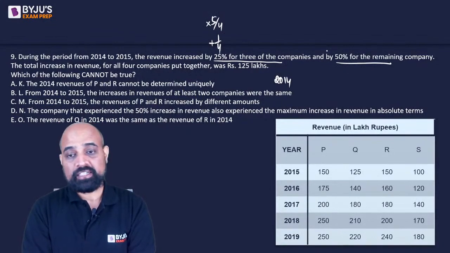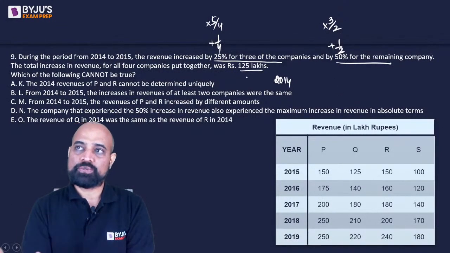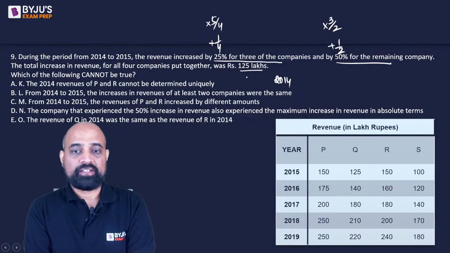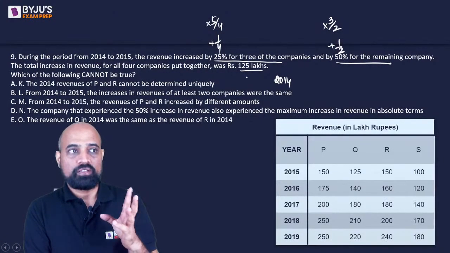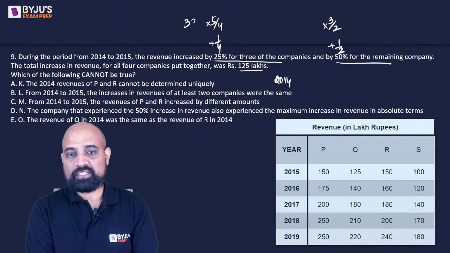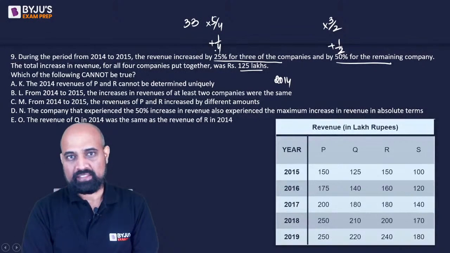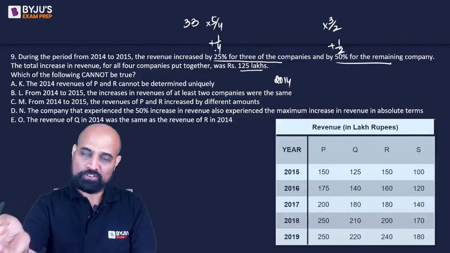And 50% increase means an increase of half, which becomes 3/2 times. Now, if you want the overall value to be 125 lakhs, right? So it's an integer. Now, if suppose I have a number, let's say 33. 33 का 5/4 करोगे point में. And that also is going to be 0.25 or 0.5 or 0.75.